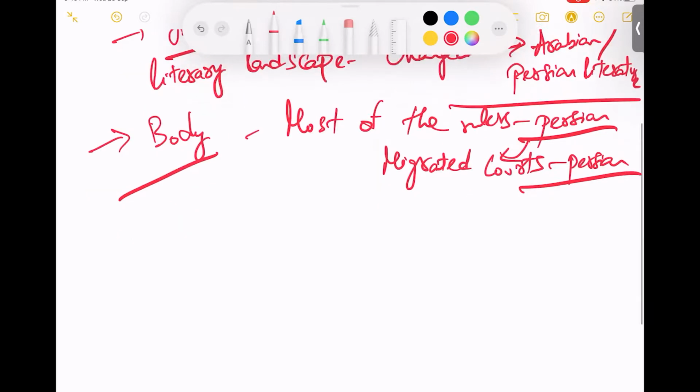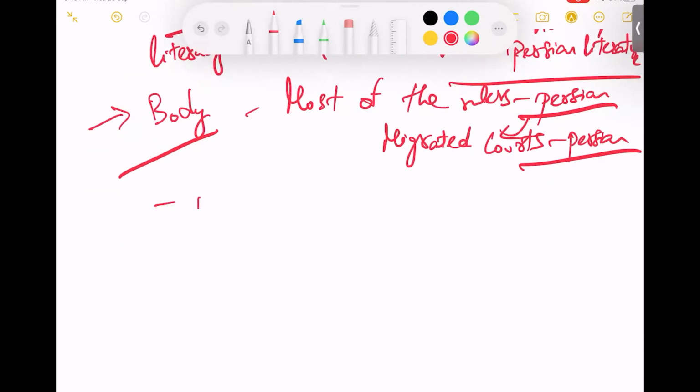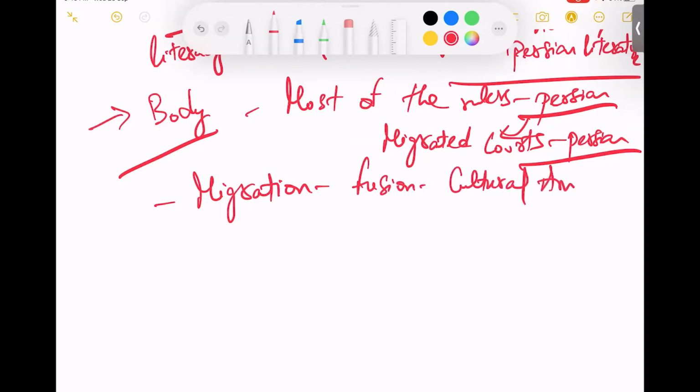So this migration created a kind of fusion or cultural amalgamation.